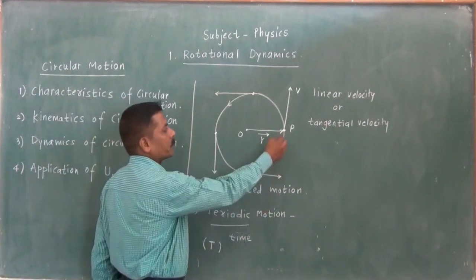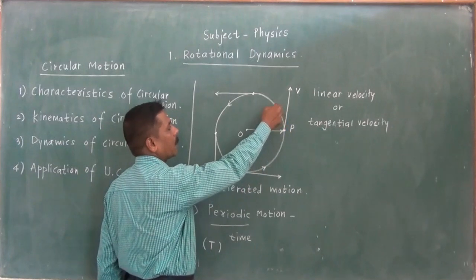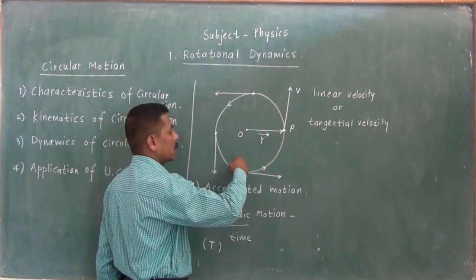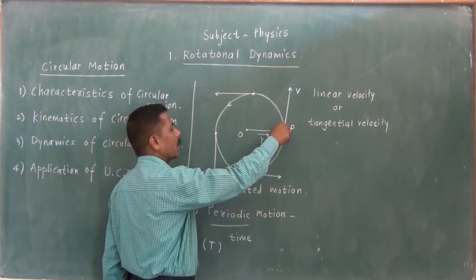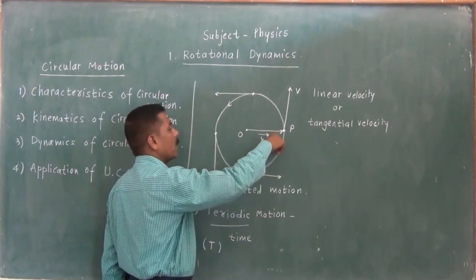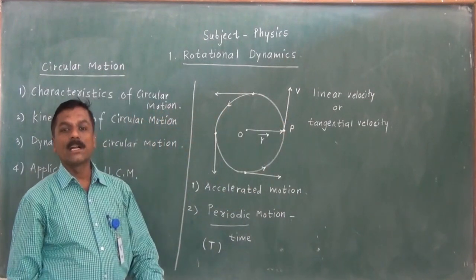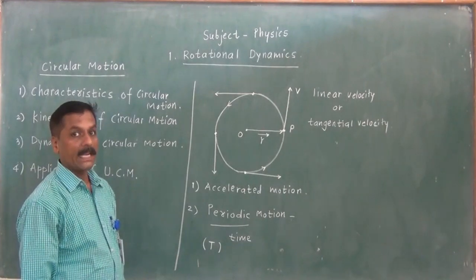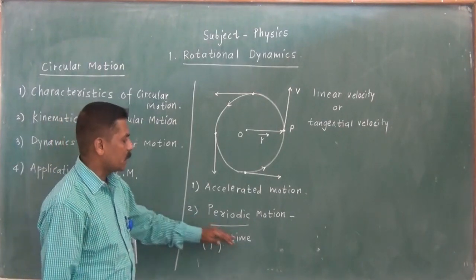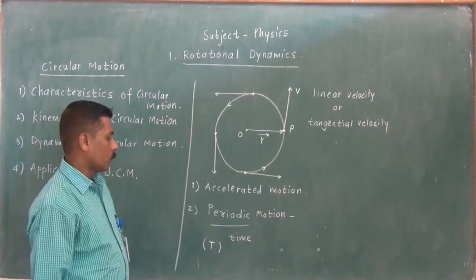So in circular motion, the particle moves along the same path. It repeats the same path again and again in equal intervals of time. Then and only then can we say this motion is periodic motion.